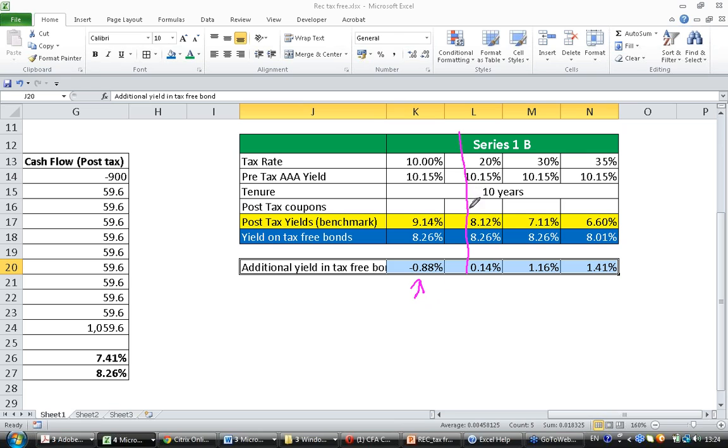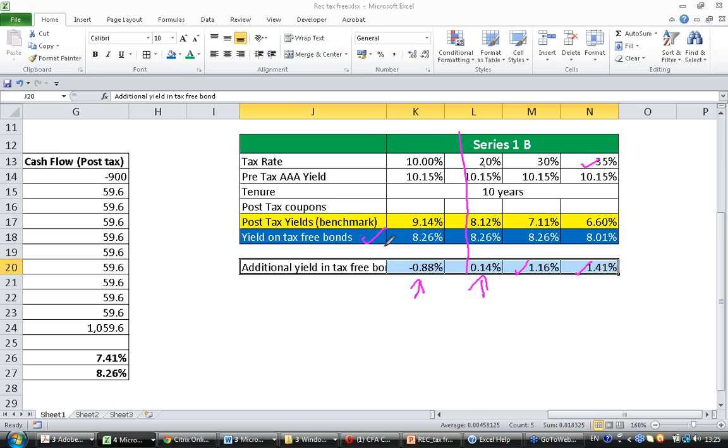So this tax-free bond is suitable only for persons who are paying a tax of 20% or more. In fact, at 20% he is almost neutral. At 20%, his yield is only 0.14% higher in a tax-free bond. Whereas at 30%, his yield is 1.16% higher, and at 35%, it is 1.14% higher.